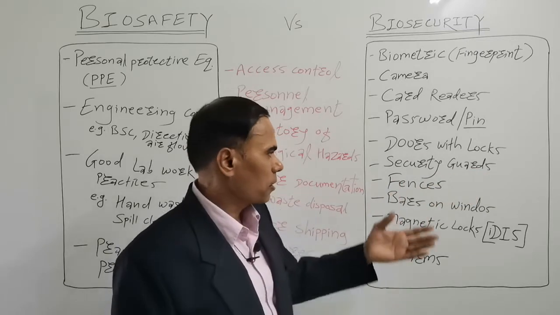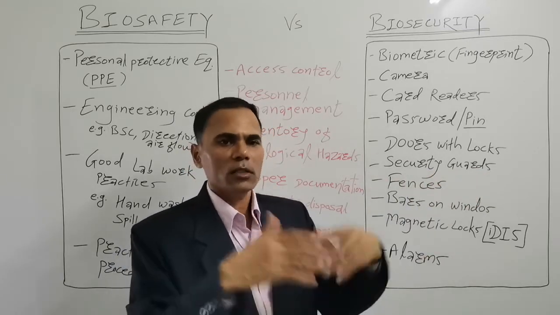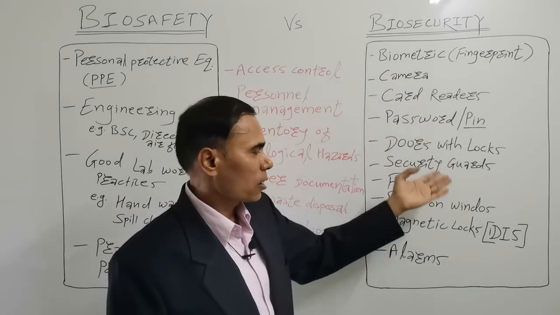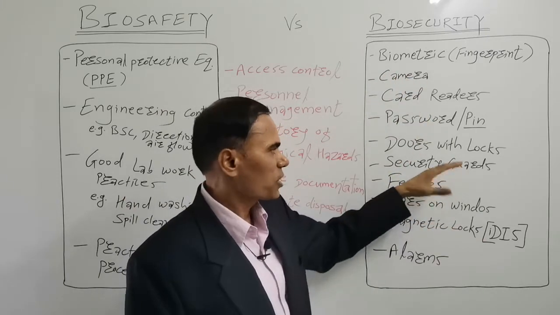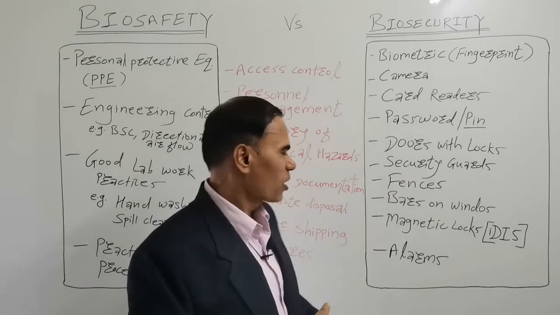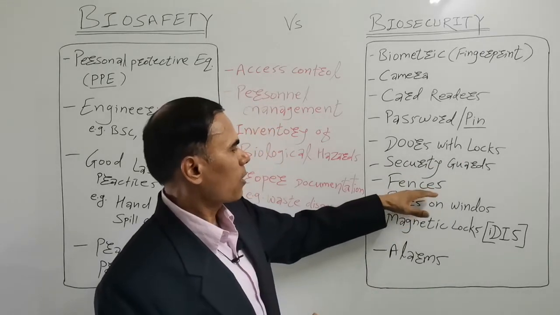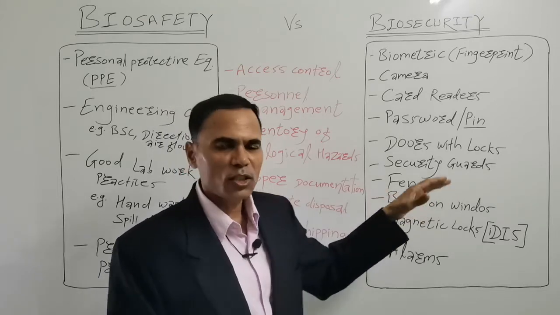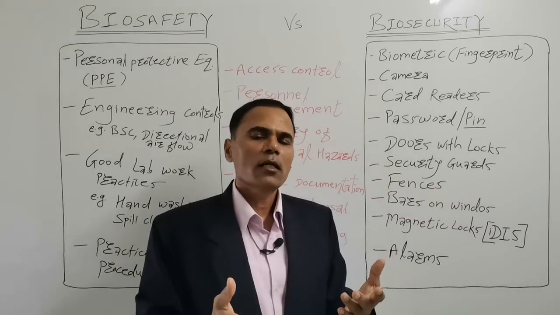If there is any suspicious activity or behavior, then based on the surveillance camera or their observation, the security guard can play a role to make sure that the facility is safe. Then fences, this one is a part of the physical security.